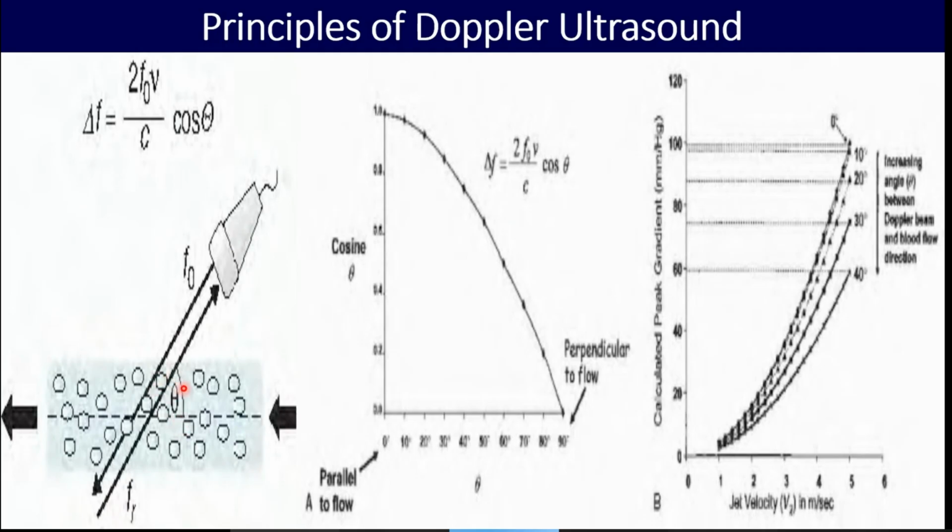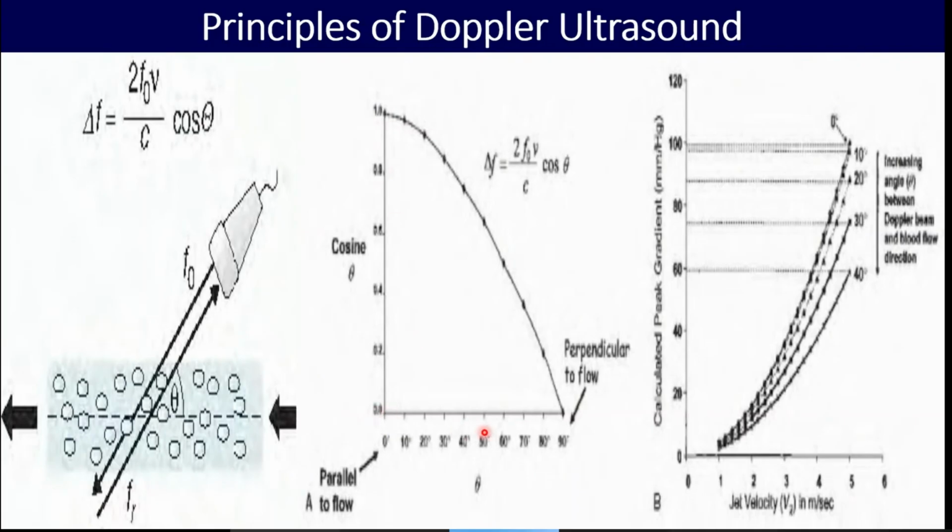So it is clear that for us to determine the flow of blood, the beam of the echocardiographic waves, that is echo waves, ultrasound waves, must be absolutely parallel to the flow of blood. So if you have a parallel flow of blood, the cosine theta, which is represented here, is equal to 1. And when cosine theta is 1, there is accurate determination of the velocity of blood.